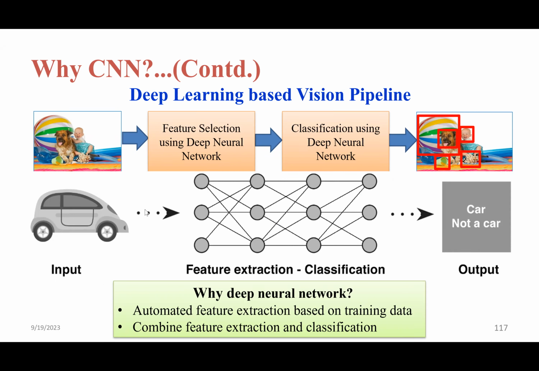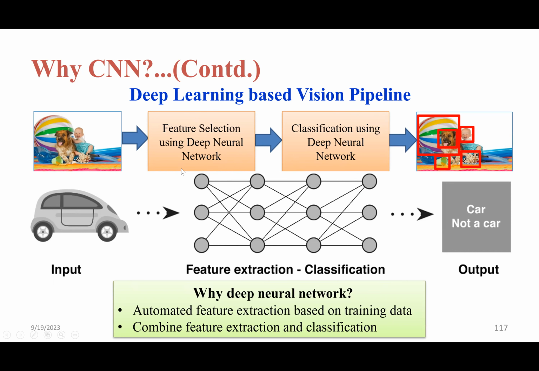We don't need to manually extract features from the image; the network automatically extracts features and learns their importance on the output by applying weights to its connections. So feature selection is done using the deep neural network, not manually, and classification is also done using the deep neural network.